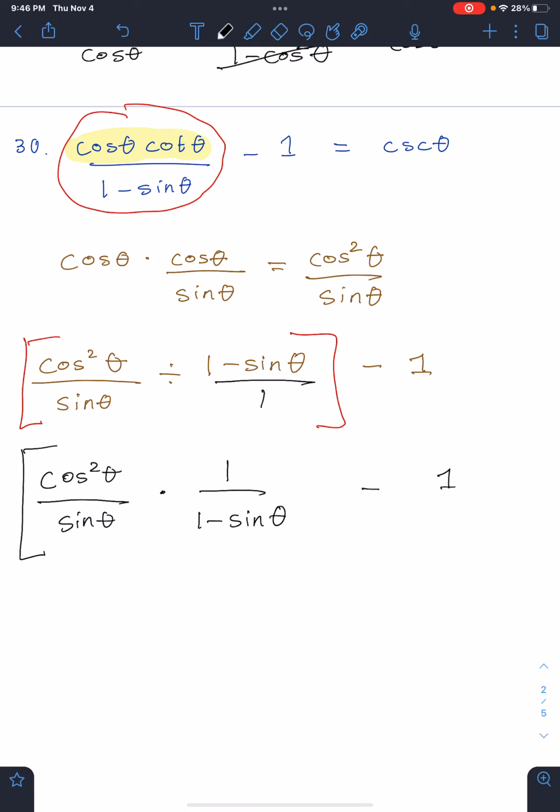The goal here is to eventually get cosecant, and cosecant is 1 over sine. So it would be nice somehow if I'm able to get rid of these signs. So what I'm going to try to do here is I know that, once again, this cosine squared theta is equivalent to 1 minus sine squared theta.